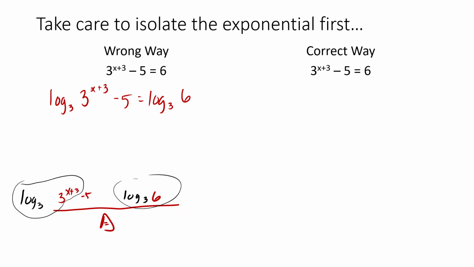That won't work. So you might say, okay, well now x plus 3 minus 5 must be equal to log base 3 of 6, except we never did anything with the minus 5. So on the right-hand side, we had this total log of the whole thing, and on the left-hand side we only logged some of it. Well, that's not balanced anymore.